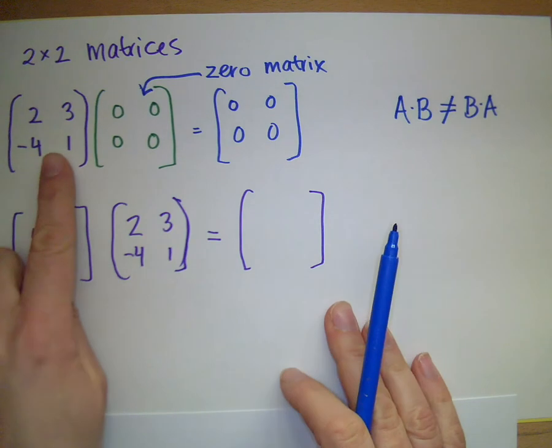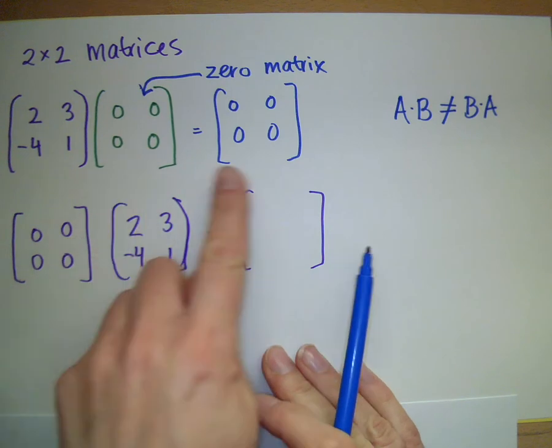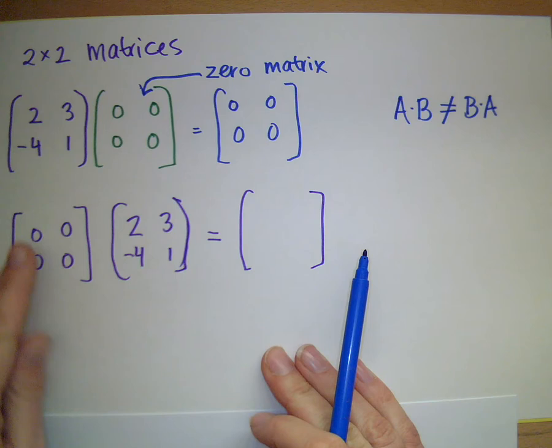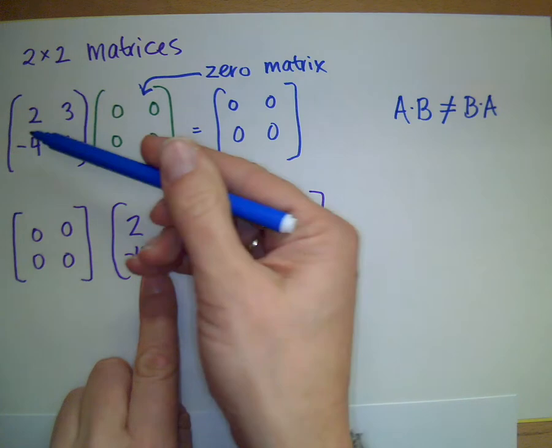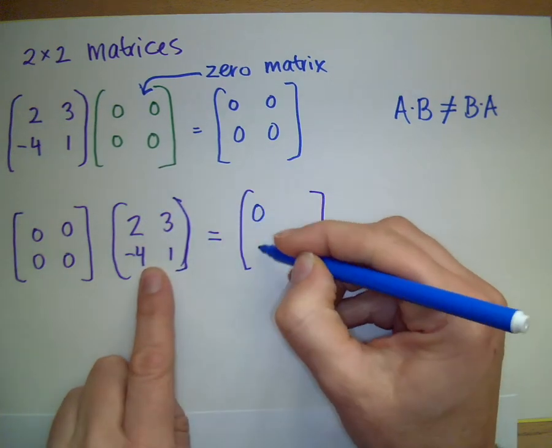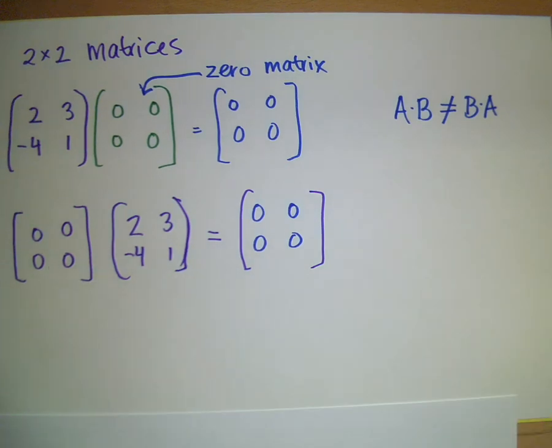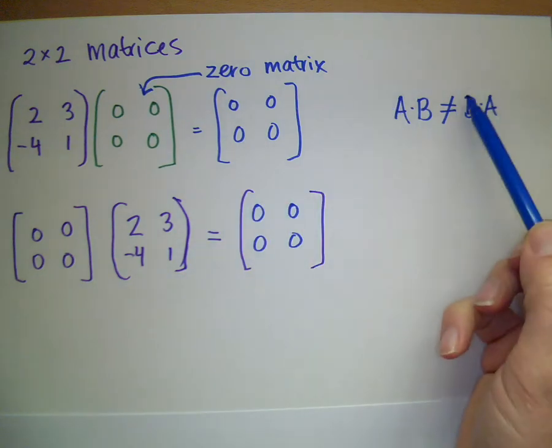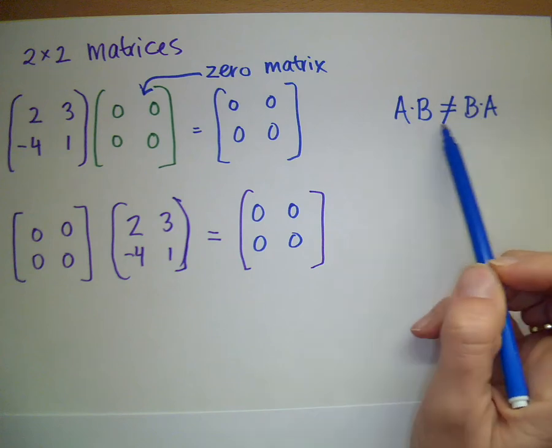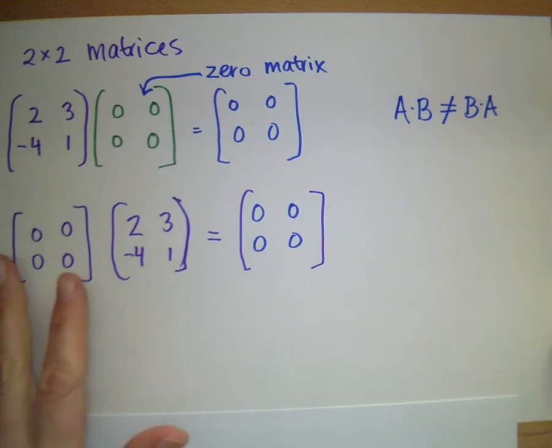So some matrix, let's call it A, multiplied by a 0 matrix is a 0 matrix. But if we switch these matrices, the 0 matrix times this other matrix, you can check to see if I'm right, but I am. That also comes out to be a 0 matrix. So with the 0 matrix, this boundary that we have in multiplying matrices doesn't apply. Okay. That's all I want to say about the 0 matrix.